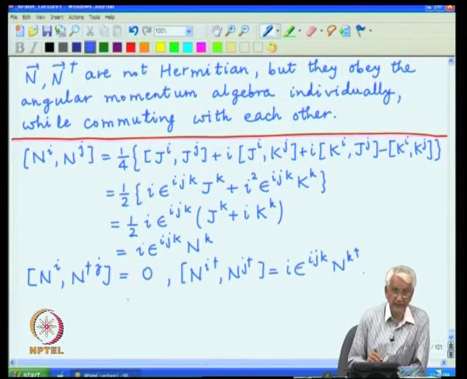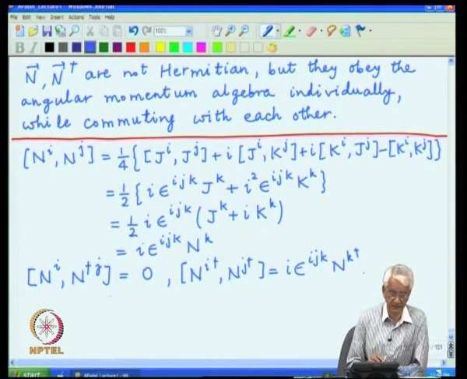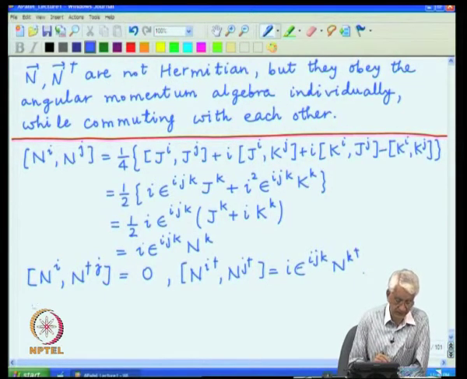The way we can arrive at the same algebra here, in spite of the fact that these are not Hermitian operators anymore, is because of the simple fact that one can still construct from this algebra the operators which raise and lower the values of the third component of the angular momentum.